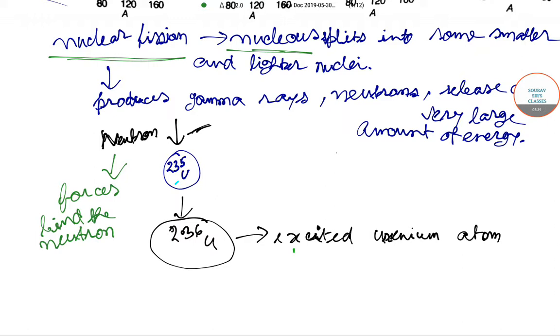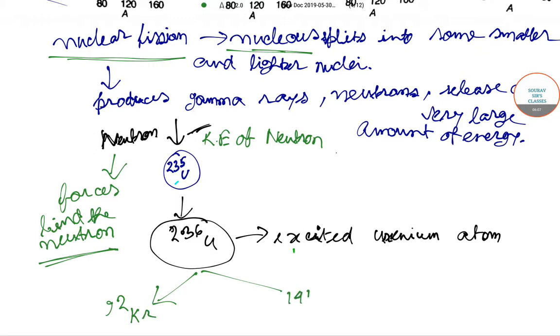Then, by this kinetic energy of the neutron and the forces that bind the neutron, this uranium 236 splits into two smaller elements. This is 92 krypton and 141 barium.